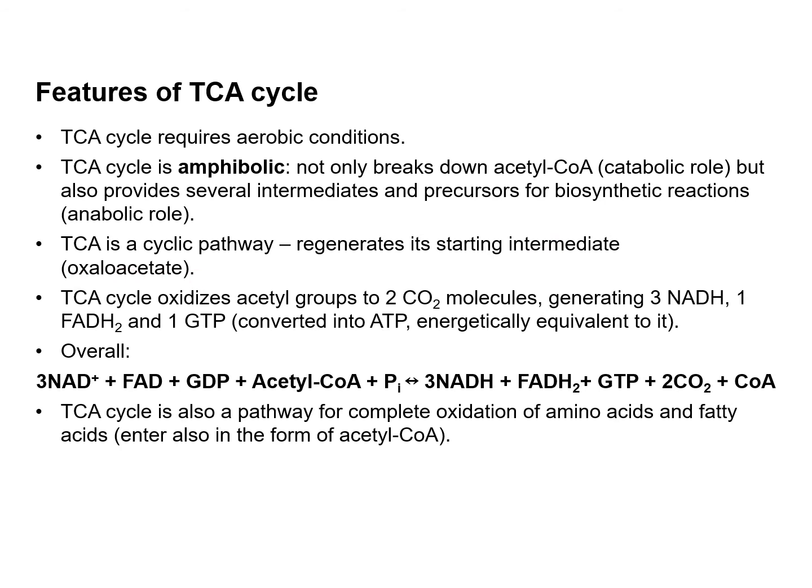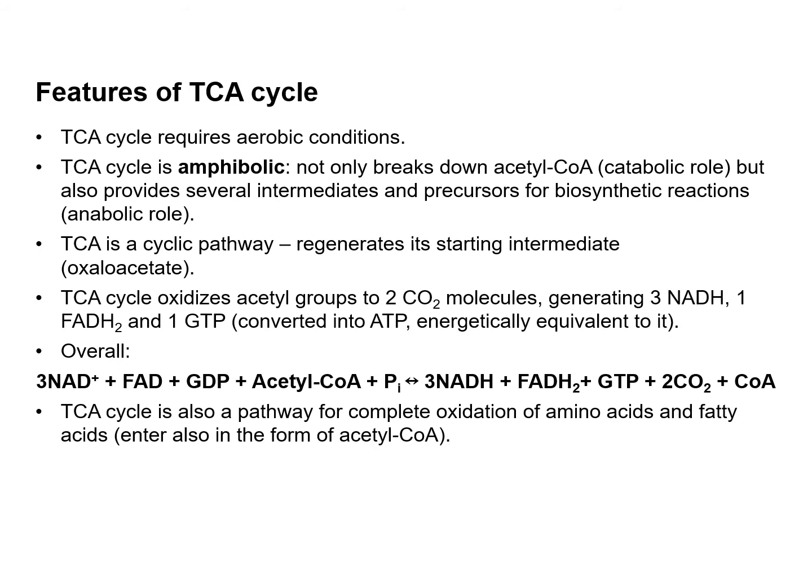It oxidizes acyl groups to 2 carbon dioxide molecules, generating 3 NADH, 1 FADH2, and 1 GTP, which is later converted into ATP, and this GTP is energetically equivalent to ATP.